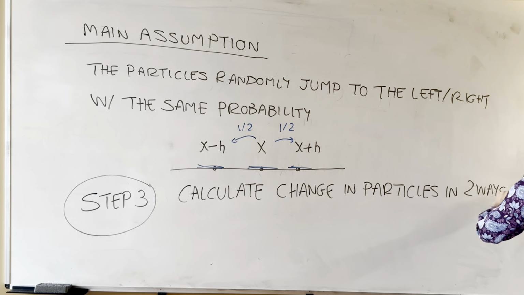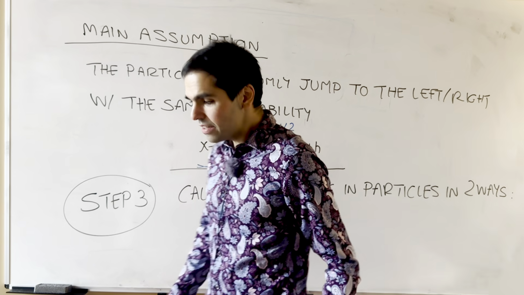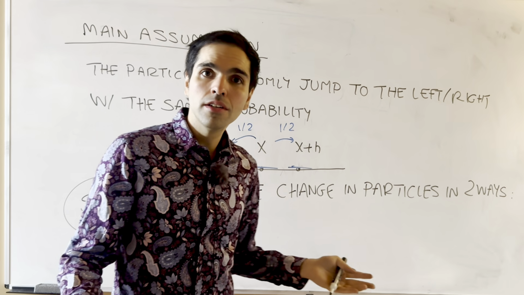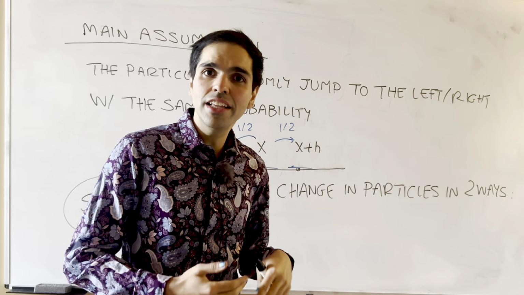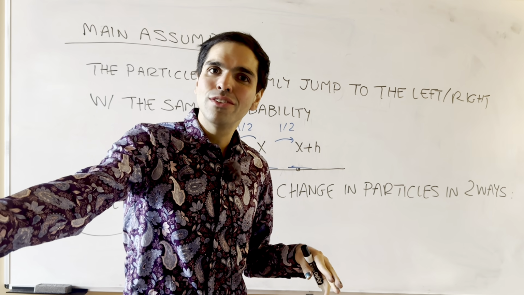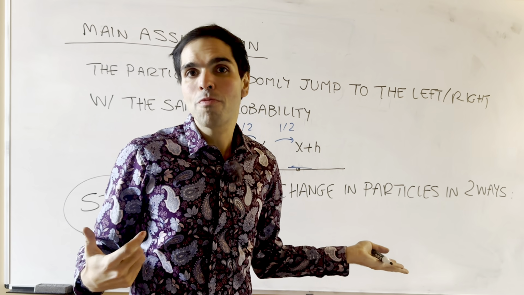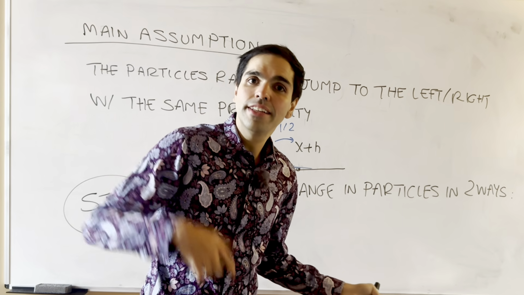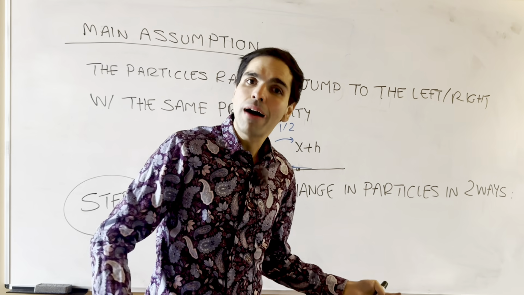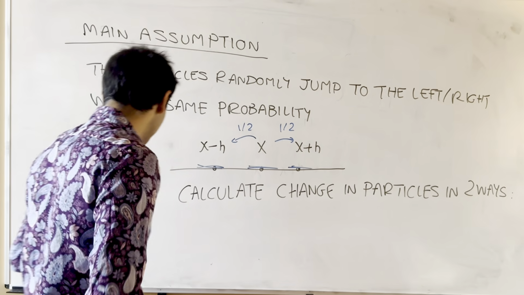Here's what I mean by that. Because on the one hand, to figure out how the number of particles changes, it's the number of particles in the future minus the number of particles in the present. Just like for the savings model, it's your savings in the future minus the savings you currently have.